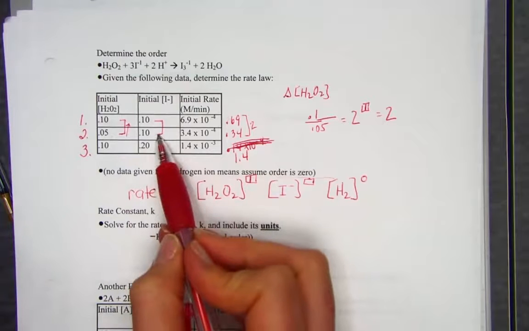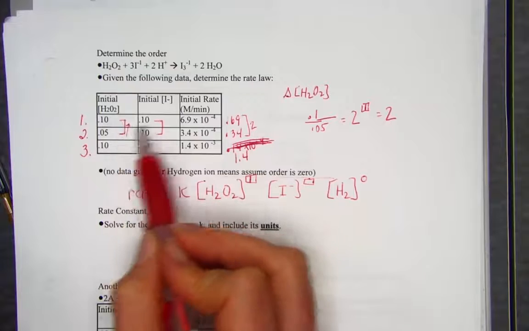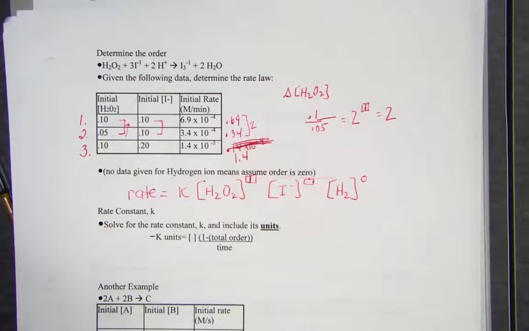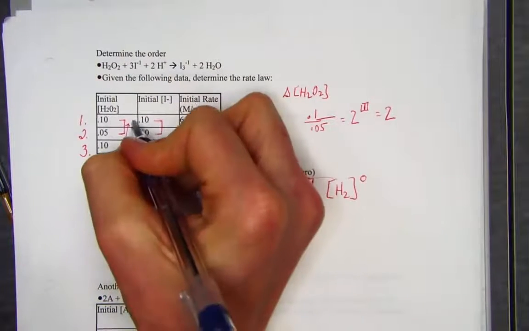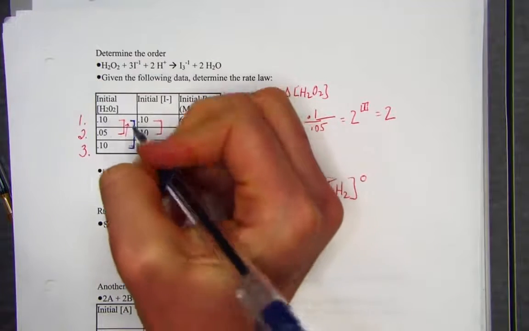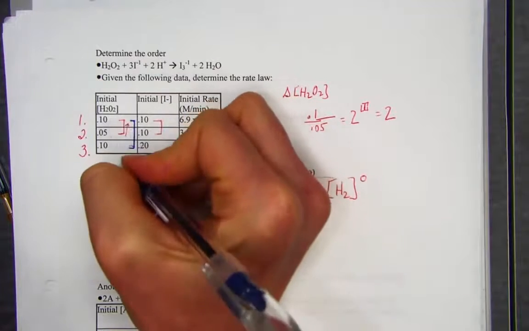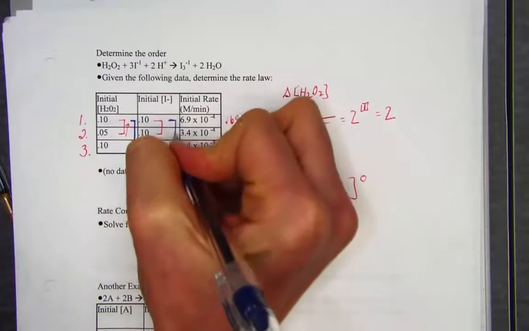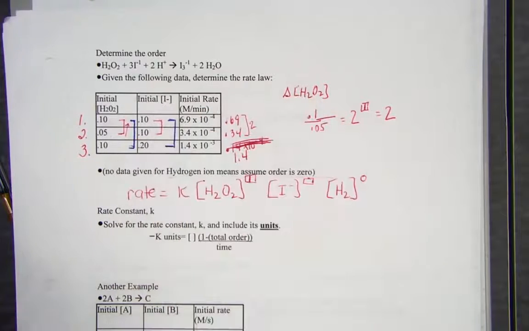Holding one reactant constant, taking a look at what happens when I manipulate the other. The next one we might want to consider is trial 1 to trial 3. Trial 1 to 3 holds H2O2 constant, but doubles the concentration of iodide.